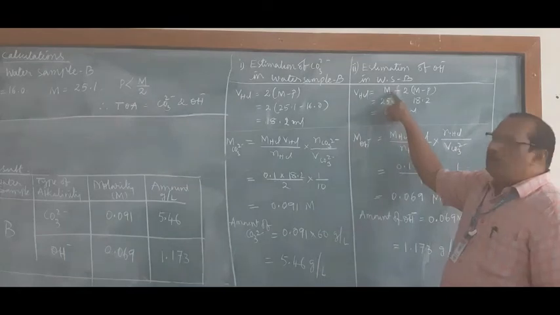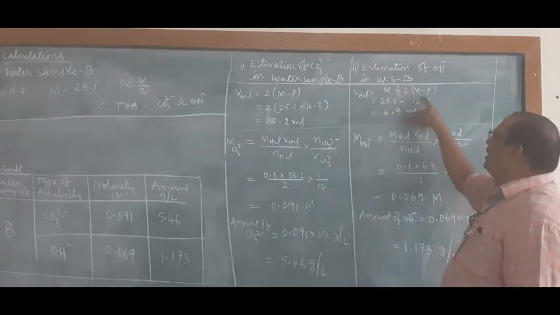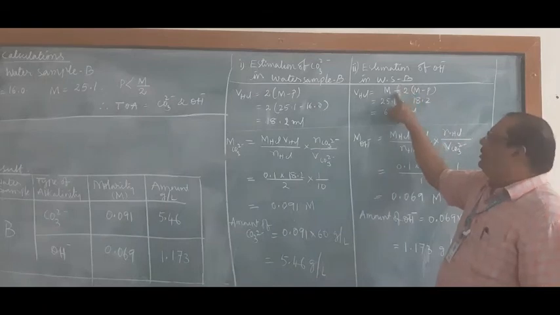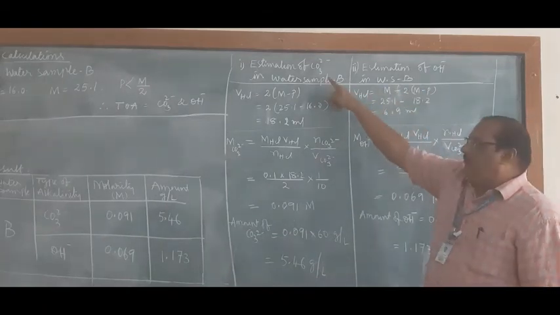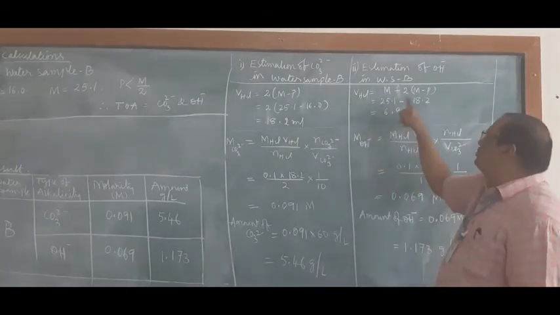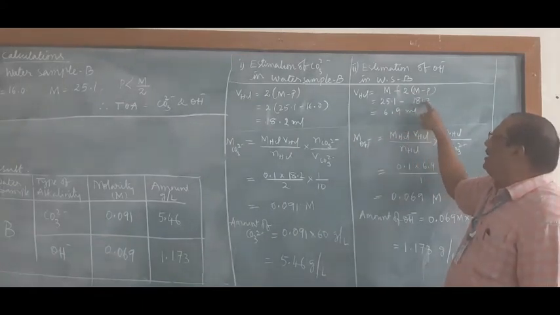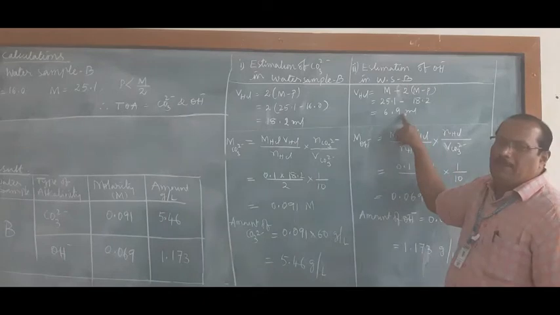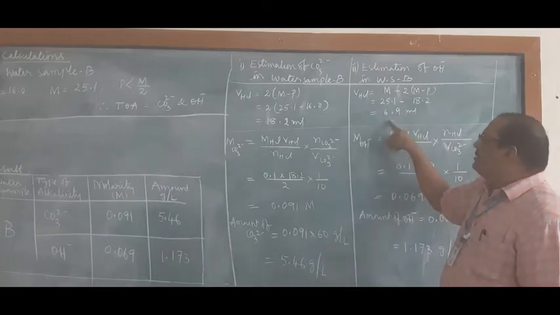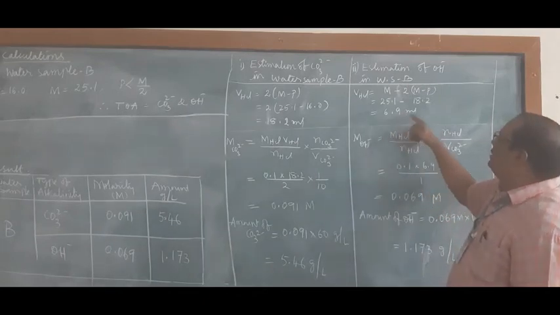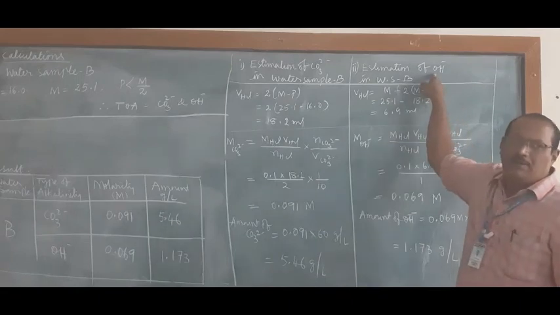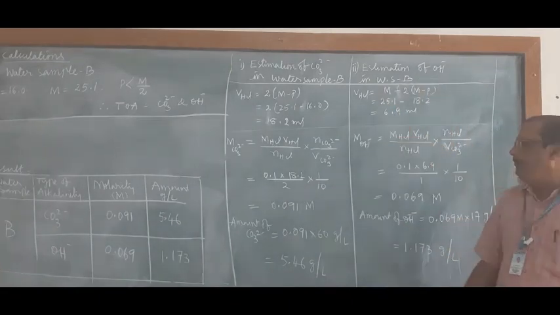So from the total volume of HCl we have to subtract the volume of HCl which is utilized for the neutralization of carbonate only. For carbonate 18.2, that is 2 into (M minus P). So 25.1 minus 18.2, 6.9 ml. This is the volume of HCl consumed for the neutralization of hydroxide present in water sample B.